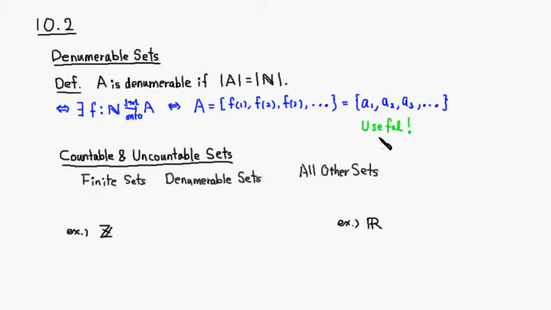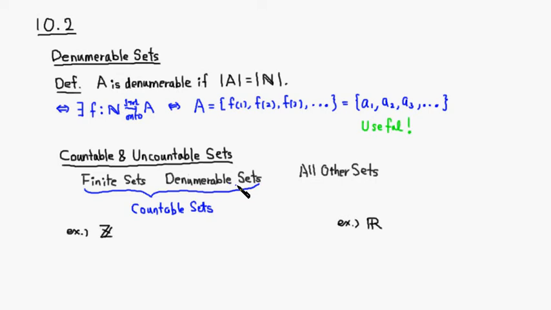Let's also look at countable and uncountable sets. A countable set is either a finite set or a denumerable set. These two combined are called countable sets, because in a way, we can count the elements.